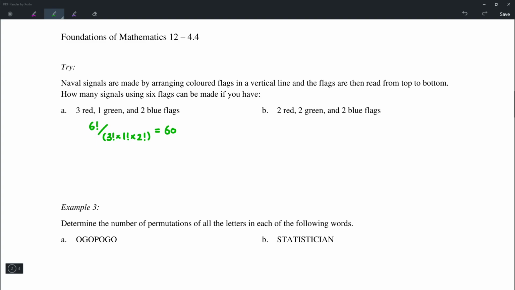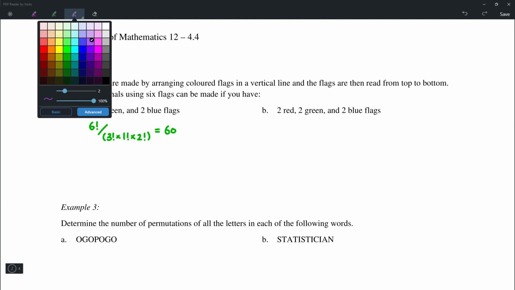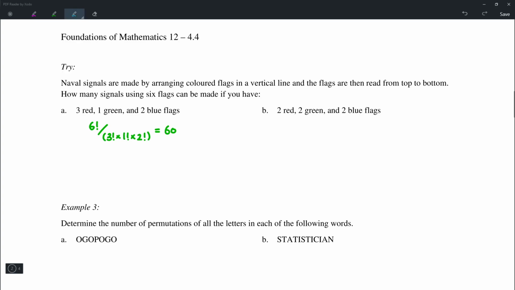Now, the number of flags is the same in the second example, part B here. The difference is that there are 2 flags of each color. So that's going to be 6 factorial divided by 2 factorial times 2 factorial times 2 factorial. So let's go ahead and evaluate this one. 720 in the numerator once again.